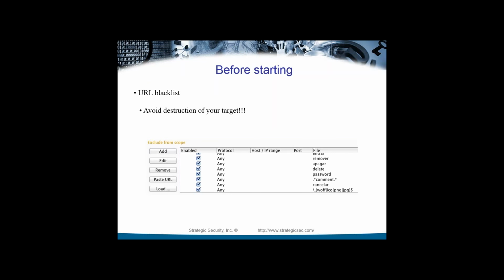You definitely can do things like adding a blacklist to ensure that you don't mess up stuff you're not supposed to mess with. If the customer's telling you that he's concerned about a particular area of the website, or the reporting functionality, or the login functionality, or the contact us functionality of the website, for example, maybe the contact us functionality literally sends an email.